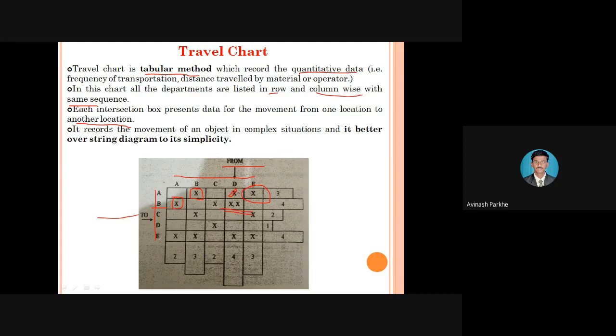That means from this department to this department it is moving, it is represented by only X. If it is moving from another department to another department, again it is represented by X. So a single X in one rectangle represents the movement taking place between the respective departments. But in only one rectangle 2 times X is written. That means there are repetitive movements from D to B, or from B to D.